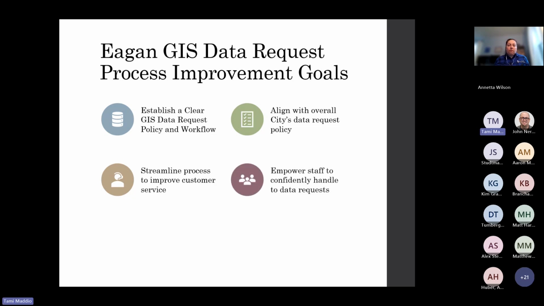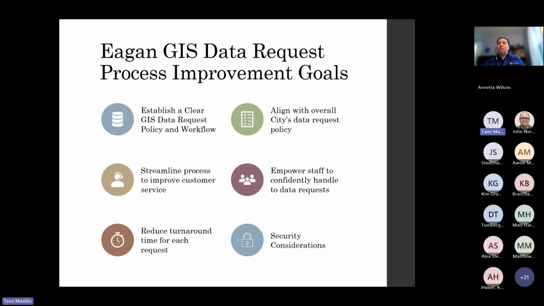I'd also like to empower our staff to handle the data requests without having to always ask specific questions to managers or department heads for each and every one, if possible. Hopefully this would help reduce the turnaround time for each request.